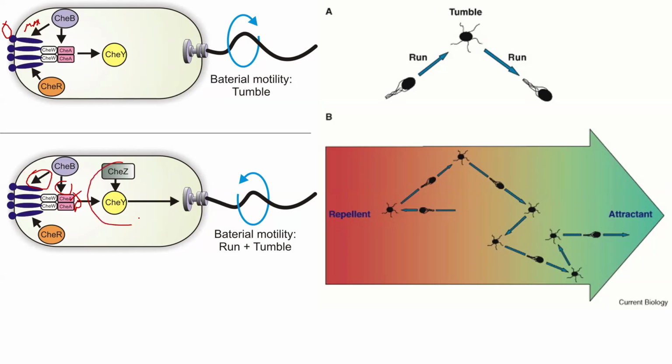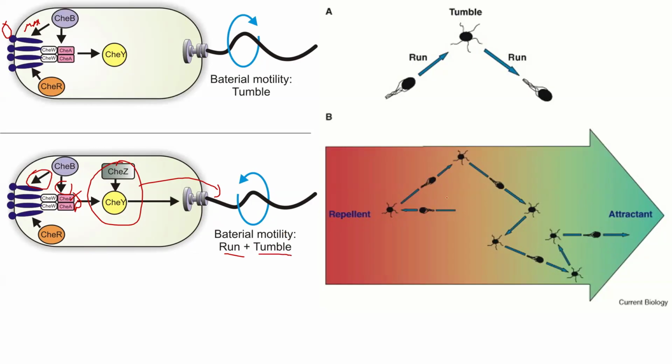This allows CheZ to dephosphorylate the autophosphorylated CheY, which is phosphorylated, resulting in a run motility. But again, because CheY is so heavily over-phosphorylated, you get run and tumble.